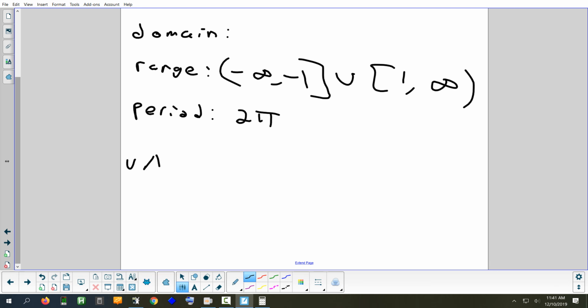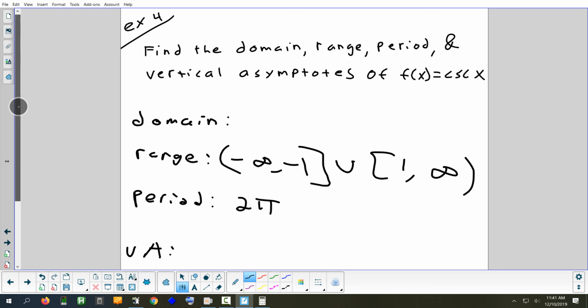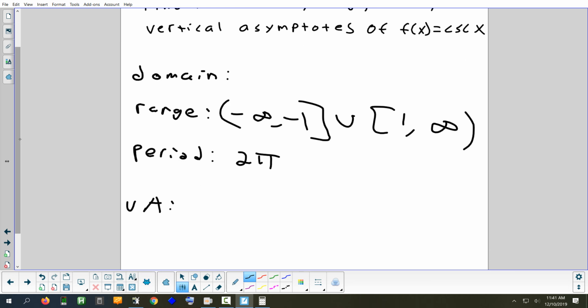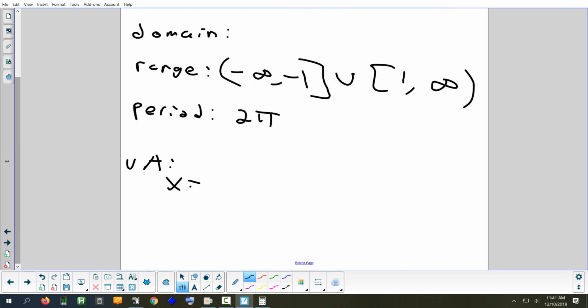Okay, vertical asymptote. Think of cosecant, 1 over sine. Think of where sine crosses the x-axis. What are the first 2 spots? 0 and pi. So x equals 0, which I guess you don't really need. And that asymptote is going to repeat how often?